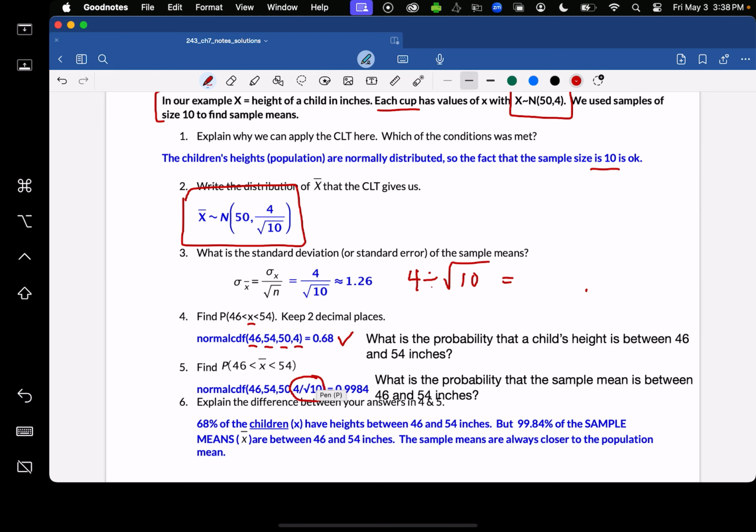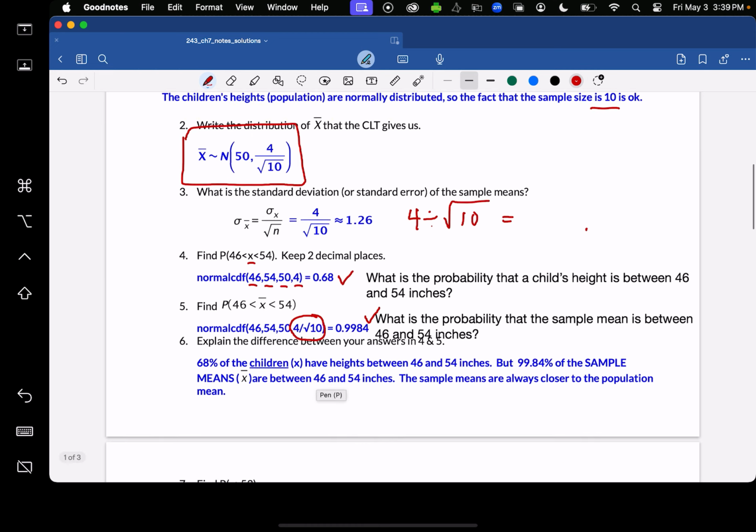The sample mean is centered at 50, so there's a 99% chance of the sample mean landing between 46 and 54. We're not going to get a sample mean of like 40 inches. We're going to get kind of close to 50, so I'm not surprised that that was 99.84%.